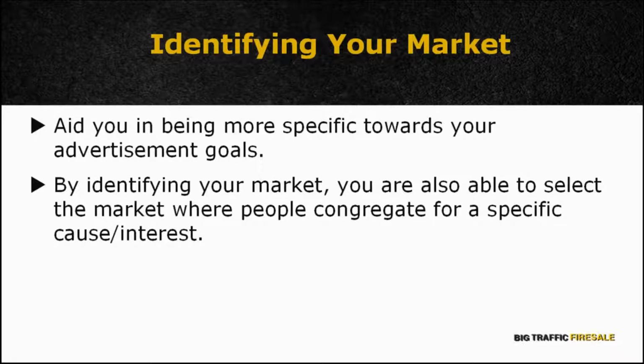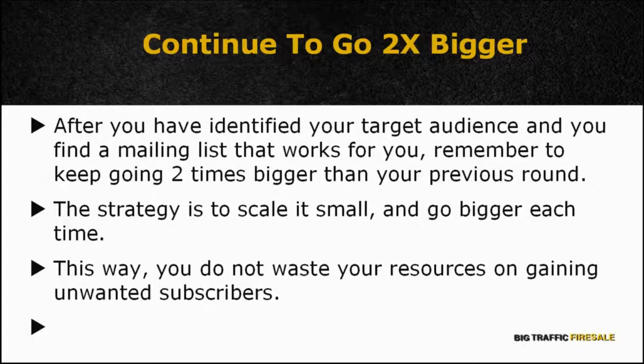By identifying your market, you're also able to select the market where people congregate for a specific cause or interest. After you've identified your target audience and you find a mailing list that works for you, remember to keep going 2 times bigger than your previous round. For instance, if you purchase 50 subscribers on a list and it works for you, continue with 100 subscribers for the next round.